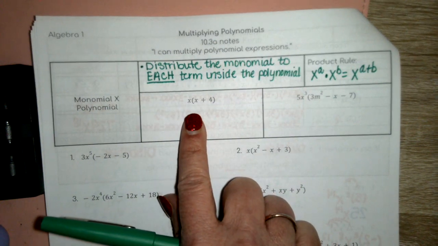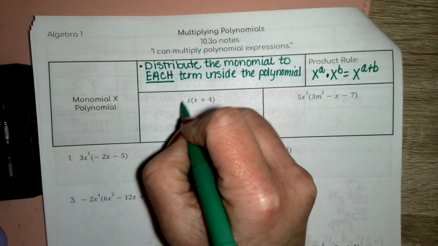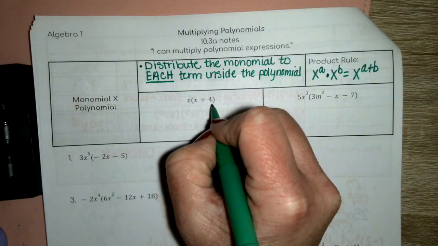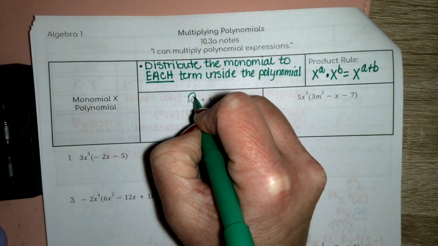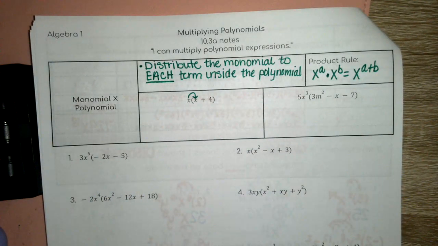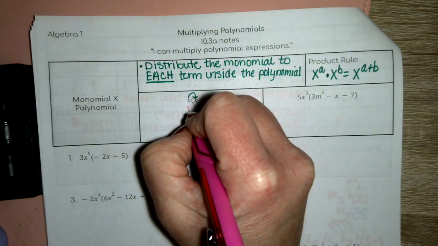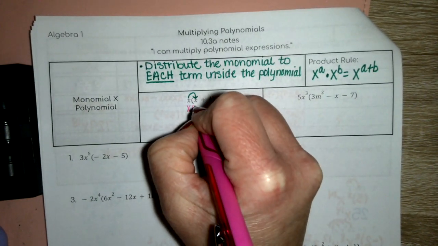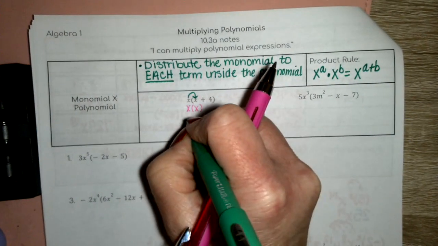So to review distribution, you're going to take anything that's on the outside and multiply it to everything that's on the inside. So what we do is we draw these arrows to show that we're multiplying. And what that is, those arrows represent this, x times x, which is x squared.